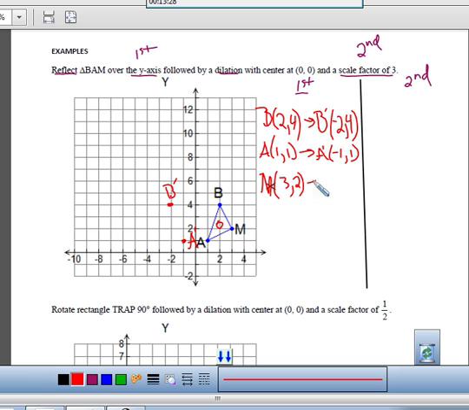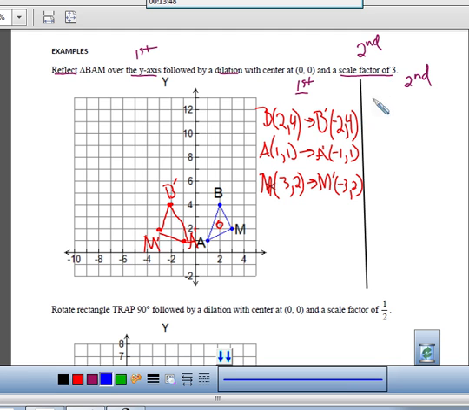So if I make the opposite of the x value, M prime is negative 3, 2. And that's right here. Connect your points, make sure all of them are labeled, all your vertices. M prime. Alright, so now we're going to do the dilation with a scale factor of 3.